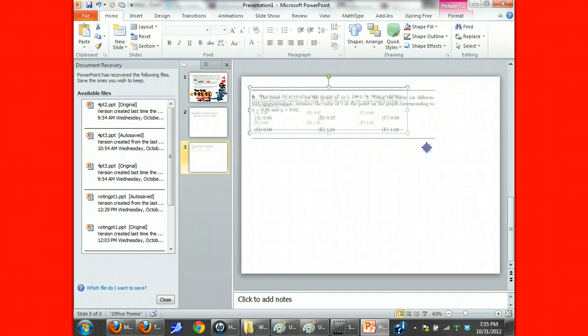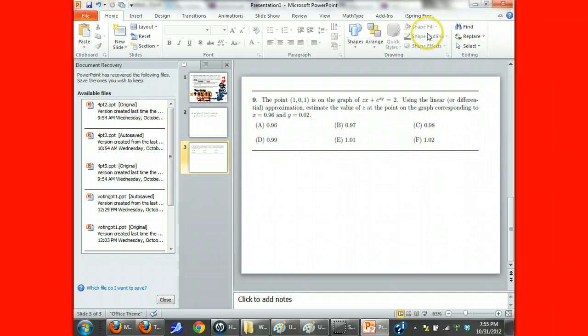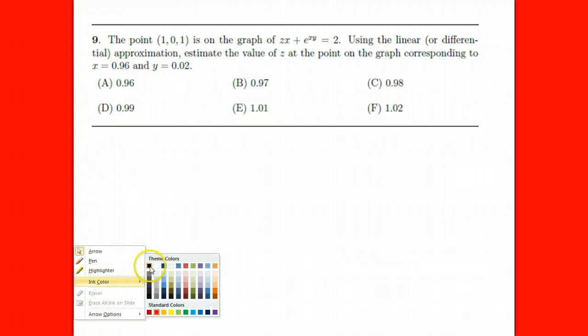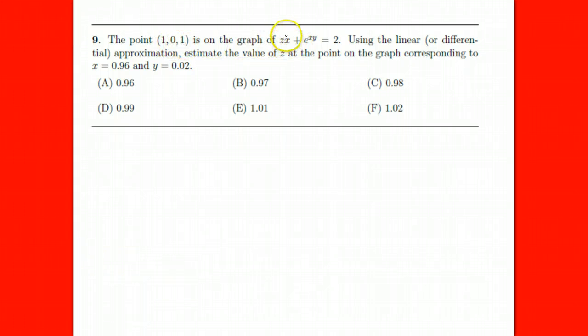This is a linear approximation question, a differential question, a use the tangent plane to approximate question. I have this function, and it says the linear approximation, that's a code word for tangent plane.